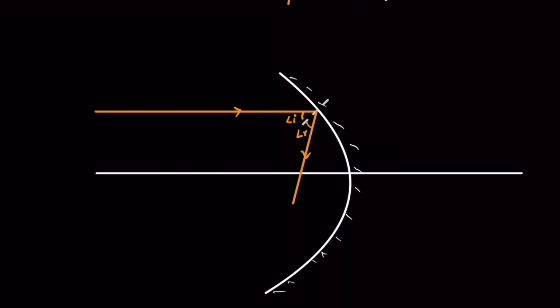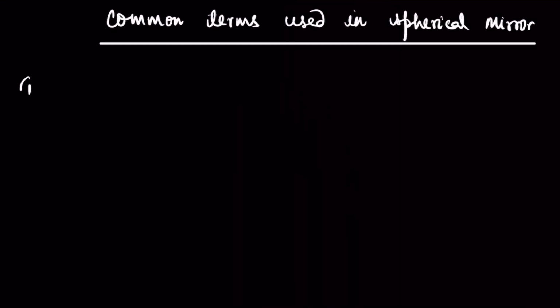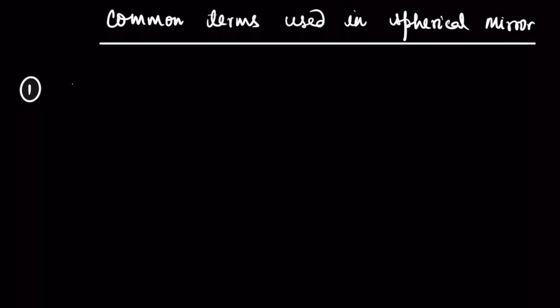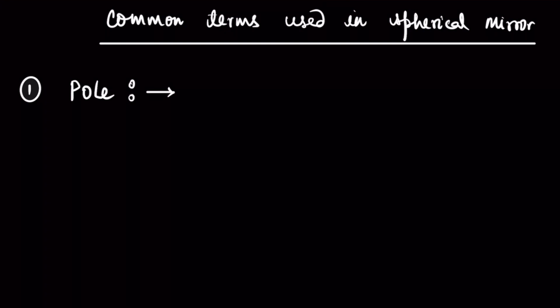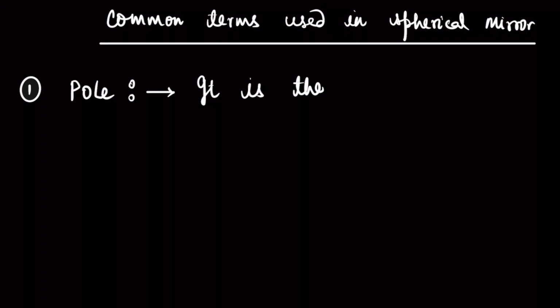After this, we will move to some common terms used in the spherical mirror. So first is pole. It is the center of the spherical mirror.